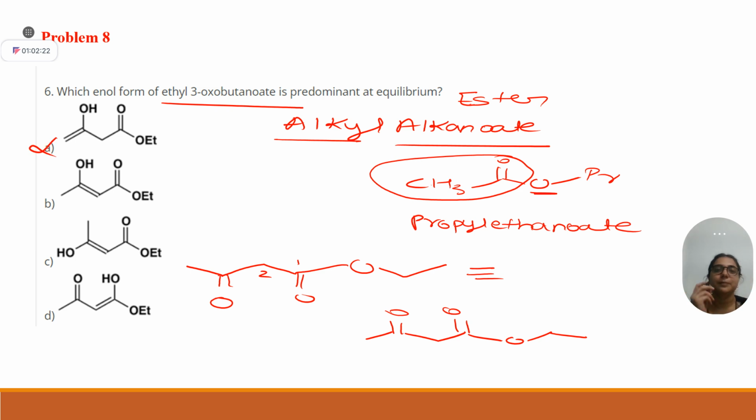Now tell me, they are asking about the predominant one. Think. Option B is predominant, ma'am. Option B. Okay. Dipali, your answer? What is the difference between B and C?